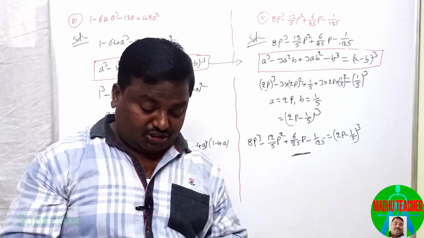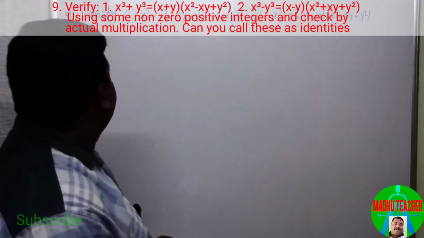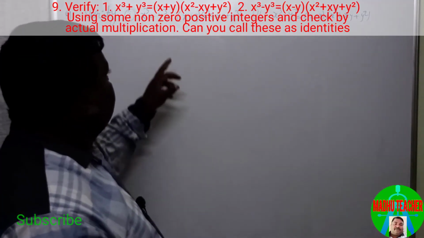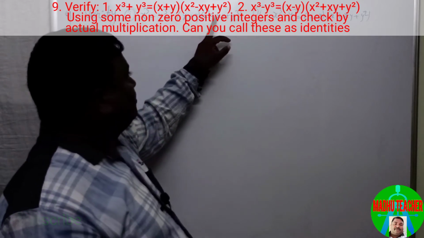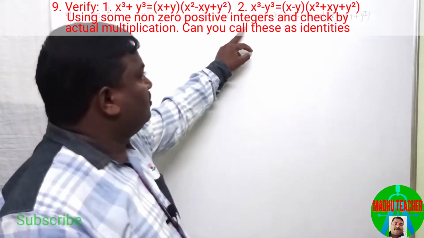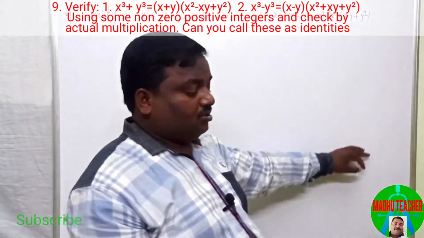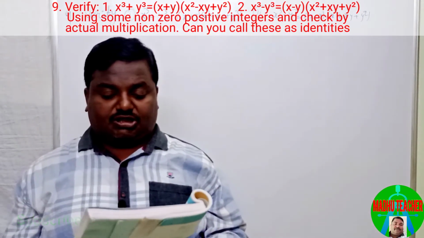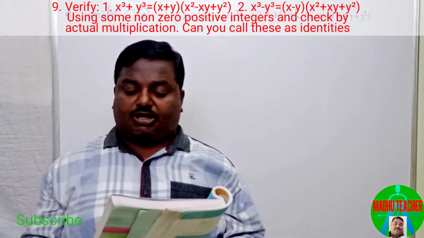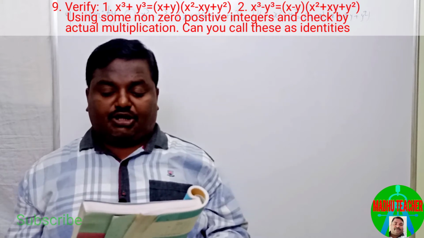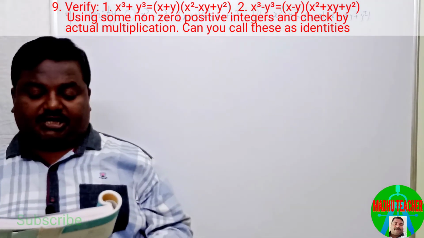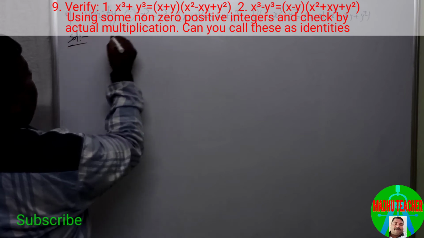Okay. Next one, the ninth one: verify x cube plus y cube equals (x plus y) into (x square minus xy plus y square), using some non-zero positive integers and check by actual multiplication. Can you call these identities? What is given?